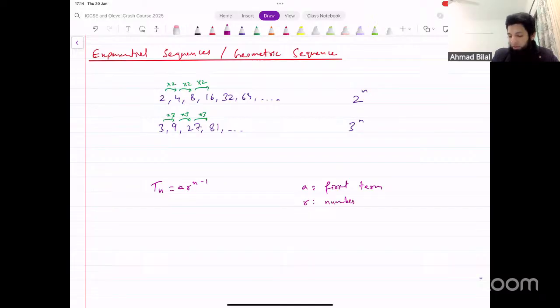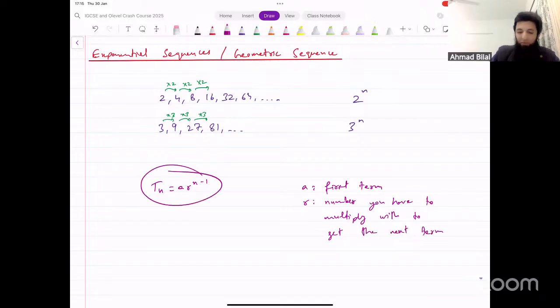Number you have to multiply with to get the next term. You have this formula for an exponential sequence, which you could use if you wanted to, but mostly you'll be able to do it directly without having to use this formula.